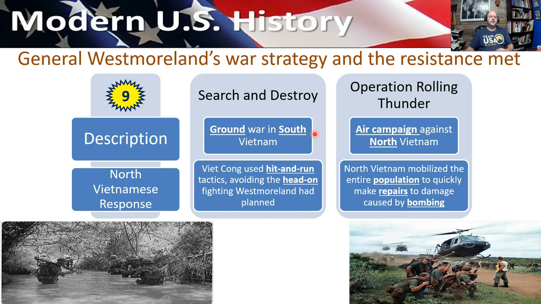How did the North Vietnamese respond? The Viet Cong used hit and run tactics and avoided a lot of head-on fighting that Westmoreland had planned for. So that's going to make this war very difficult for U.S. soldiers because they had been trained to fight a more head-on war, a more traditional style of war.